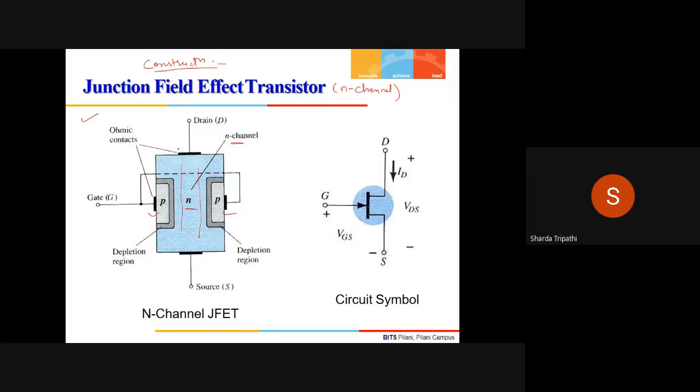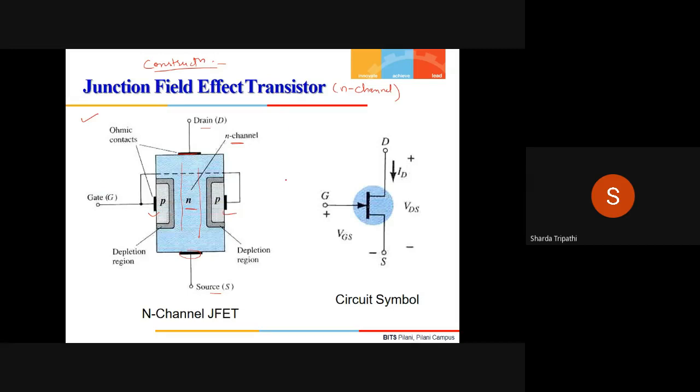Then the top of the channel, through an ohmic contact as you see over here, is connected to the drain terminal, and the bottom of the channel, through an ohmic contact, is connected to the source terminal. As of now, because no external voltages have been applied and the structure is symmetrical, any terminal could be the drain or the source.